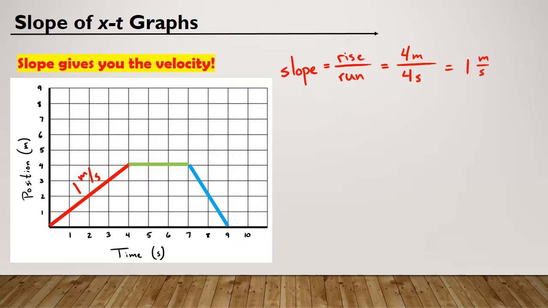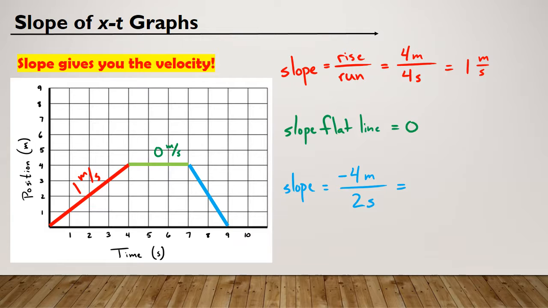For this green line right here, the slope of a flat line is always 0. So here I have 0 meters per second, which makes sense. It's not changing its position. And then for the blue interval when she's going back home, she goes down 4 meters, so I put negative 4 meters, and it took only 2 seconds to do that.